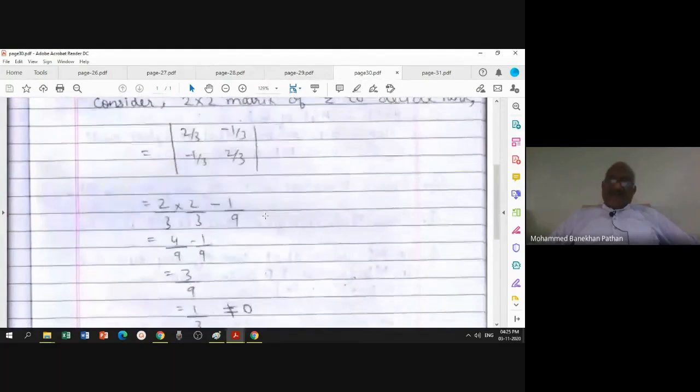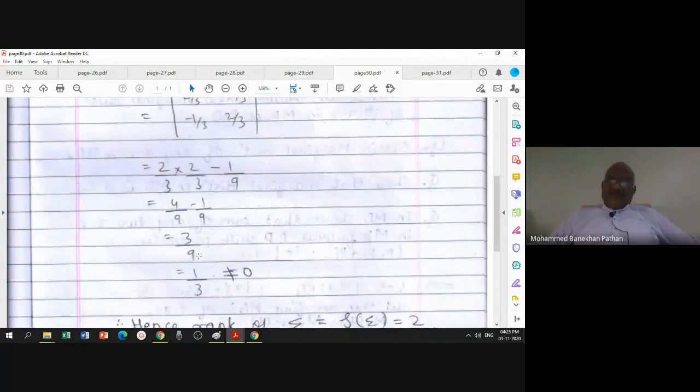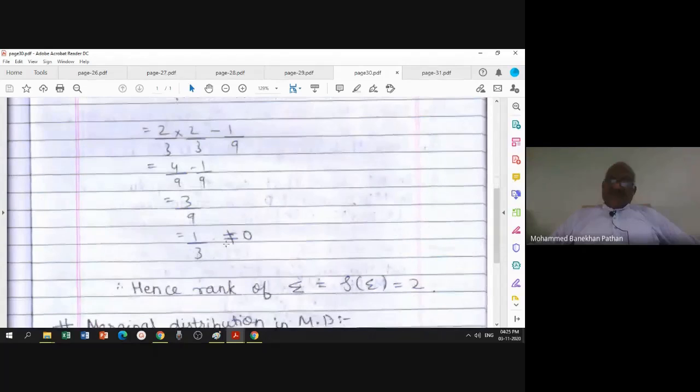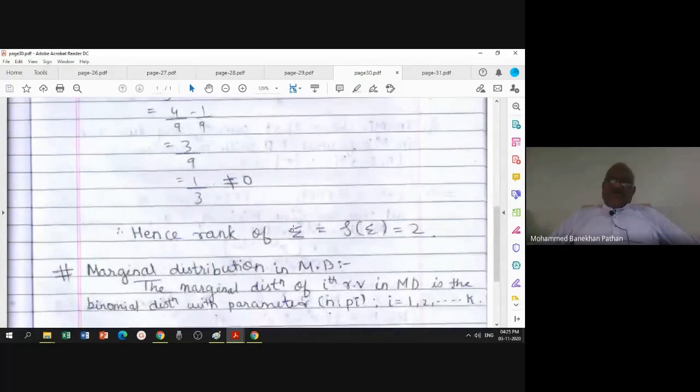I got the answer 2 by 3 multiplied by 2 by 3 minus this multiplied by this, that is the rule of a 2 by 2 determinant. The result is 3 by 9, which is not equal to 0. So it tells you the rank of your variance covariance matrix of 3 variables is 2.